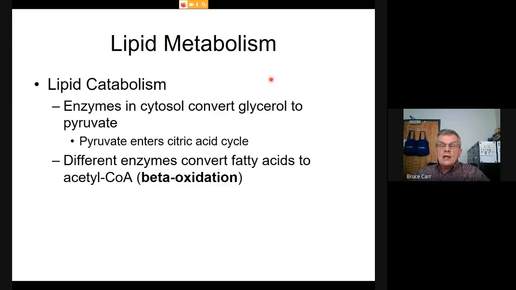So how do we take the abundant energy in those bonds and convert them to ATP? Here, an enzyme in the cytosol can convert glycerol, the carrier. By the way, glycerol is not a lipid, it's a carbohydrate, and it can be converted to pyruvate.